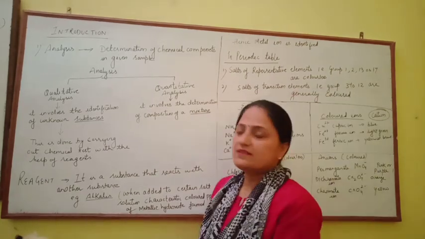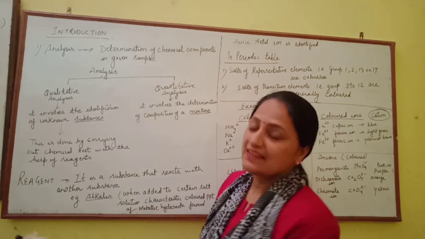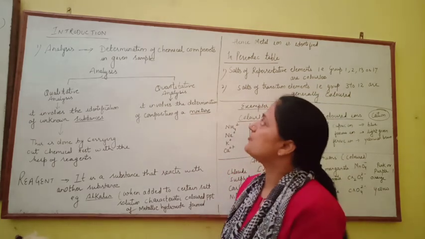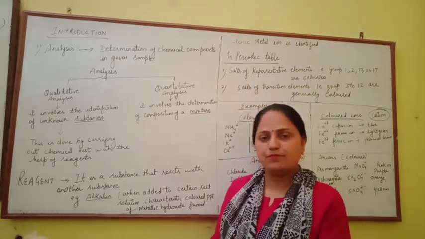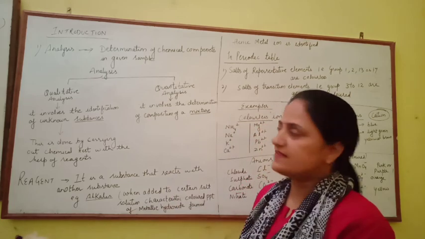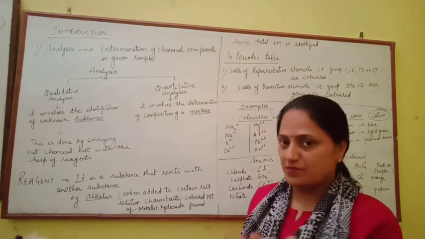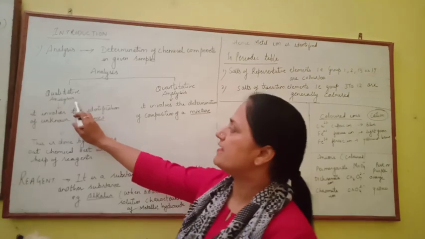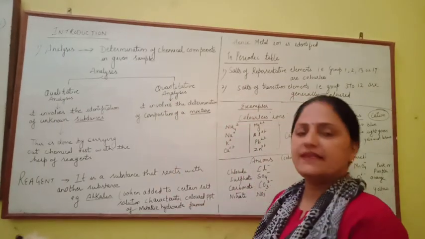In the introduction, what is analysis? Analysis is the determination of chemical components in a given sample. There are two types of analysis in chemistry: first is qualitative analysis and second is quantitative analysis.